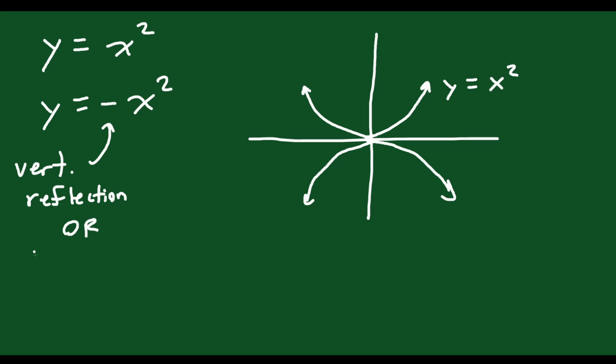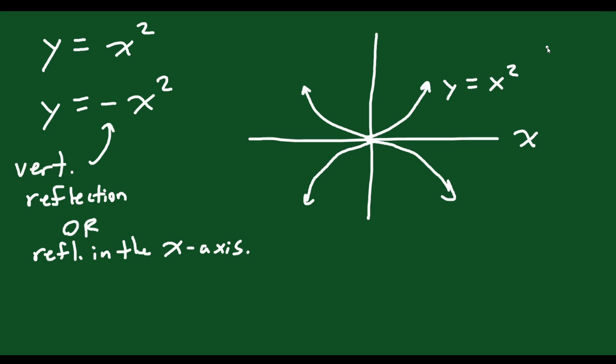Or you might hear it referred to as a reflection in the x-axis. The reason it's called that is because this is your x-axis, and it's reflecting over that. That's a mirror image if you had a mirror on the x-axis. So you might hear it referred to as either one of these, and that's okay.